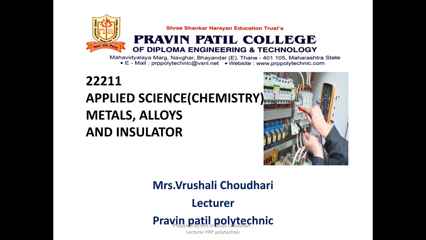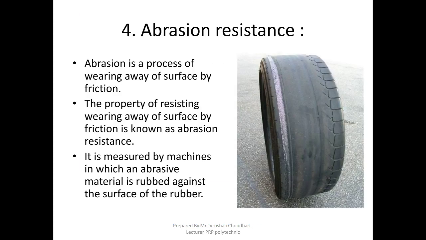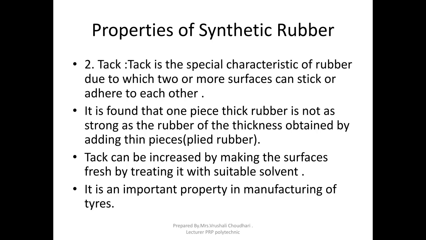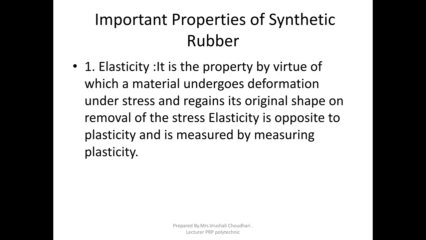We started learning rubber. What are the properties of rubber that we are going to learn? First property is elasticity, meaning the maximum deformation a rubber undergoes under the application of stress, and after removal of stress, how much it goes back to the original state.